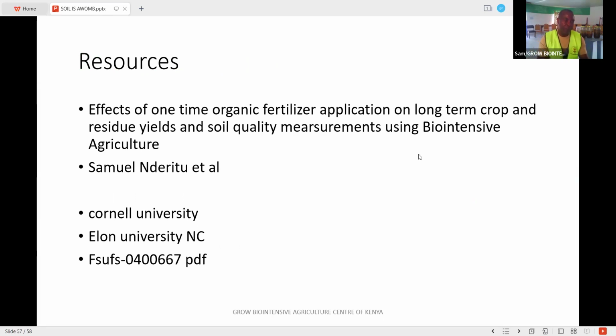That was a process of looking at the effects of one-time organic fertilizer application on long-term crop and residue yields and soil quality measurements using this system that we call the global intensive system. It was done by myself and two other guys from Cornell University and Elon University in North Carolina.